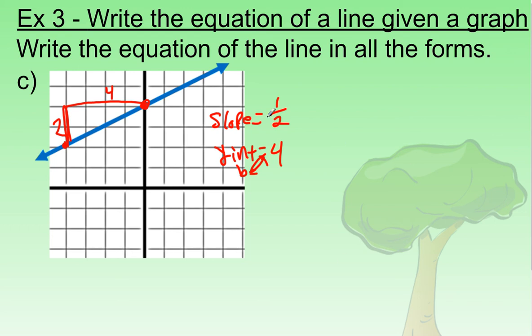Alright, so we have our slope, we have our intercept, so let's do it. Y equals mx plus b, y equals slope 1/2, intercept is 4.